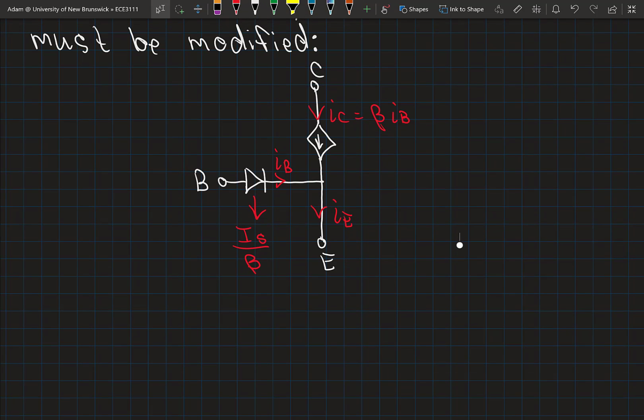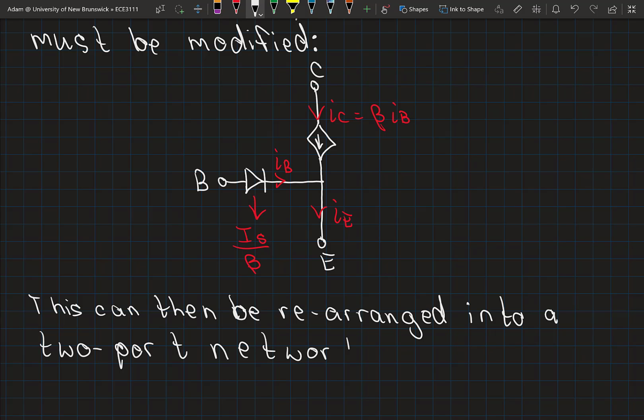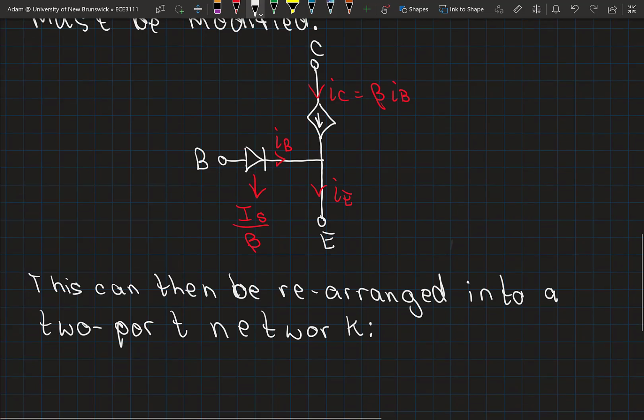If I rearrange this into what we might call a two-port network, by that I mean it has two input ports and two output ports.